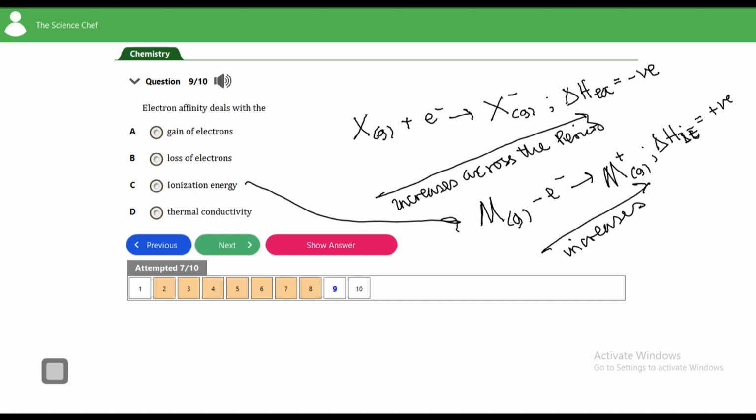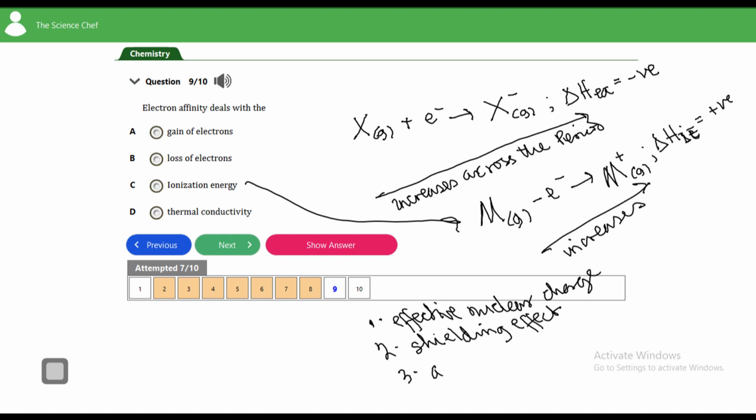And there are some factors that affect the trend of ionization energy on the periodic table. Those factors are: 1, the effective nuclear charge; 2, shielding effect of inner electrons; and 3, what we call the atomic radius. You can say the distance of the outermost shell from the nucleus. These are the 3 factors that affect the variation of ionization energy on the periodic table.